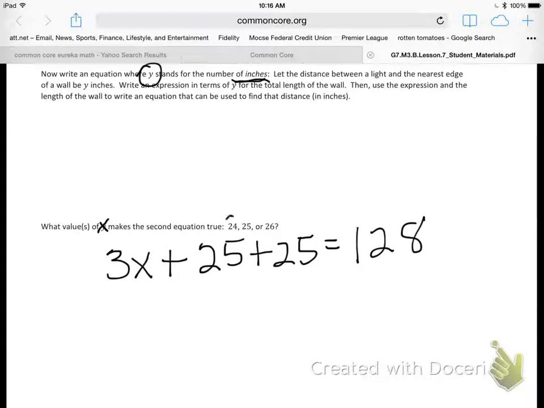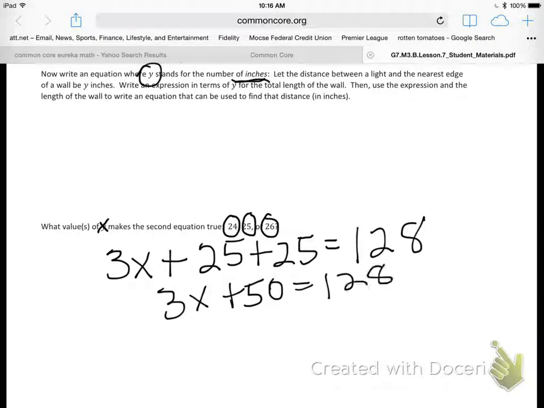Now you're going to use one of these values, plug them in to see which one solves the equation or makes the equation true. Again, if we boil this down to 3x plus 50 equals 128, we know which answer is correct.